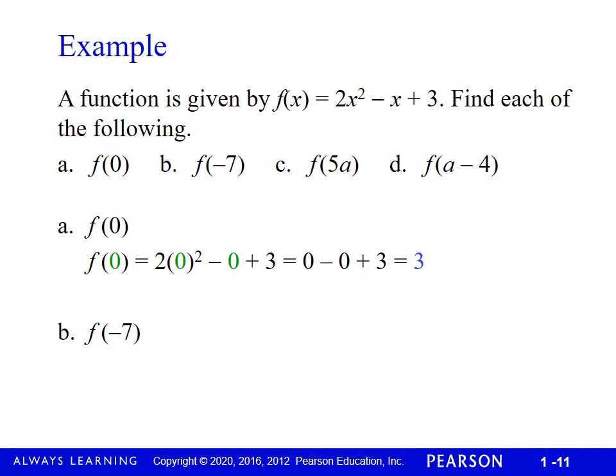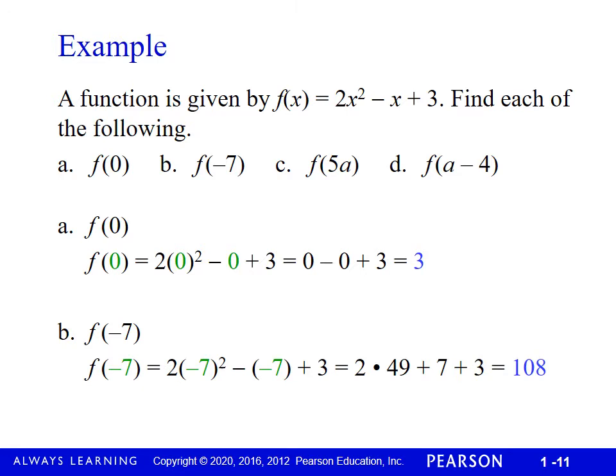Another way I can write this is, because it's an x and a y value, this is 0, comma 3, or an ordered pair. I'm going to do the same thing with f of negative 7. This is asking me for what y equals when x is negative 7. I'm just going to plug in the negative 7 for every appearance of x. 2 times negative 7 squared minus negative 7, plus 3, and I get 108.